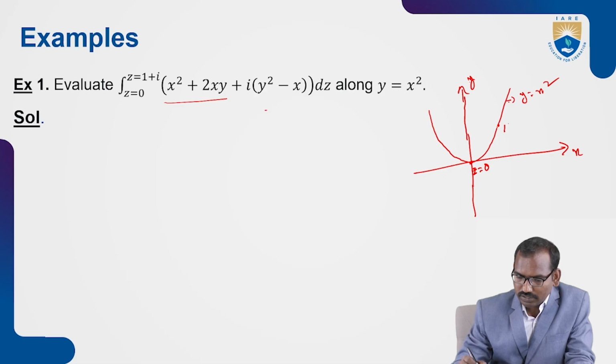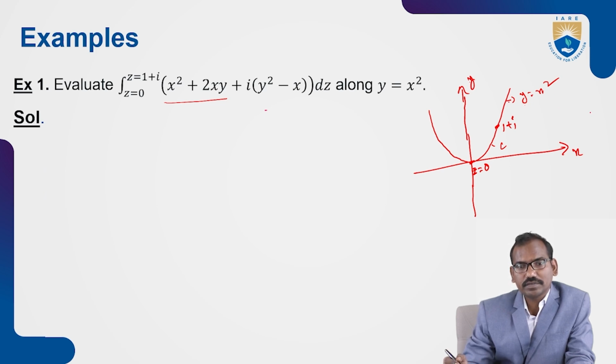This is 0 and this is 1 plus i point in the complex plane. So I need to perform integration along the curve C. This is my curve C. The equation of this path is y is equal to x square.